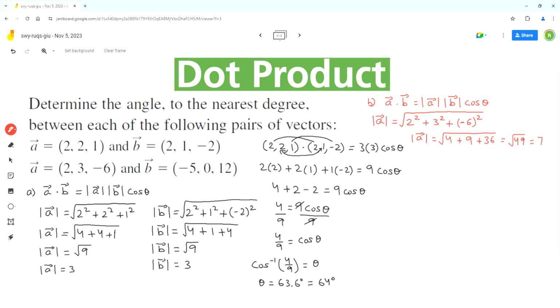Now we can find the magnitude of vector B. So negative 5 square is 25, and 12 square is 144, which is equal to square root of 169.